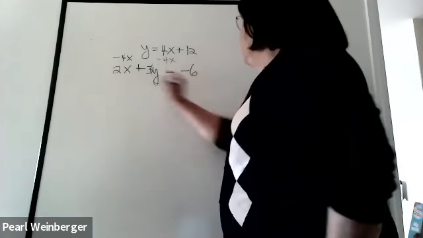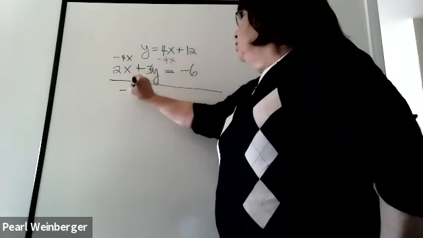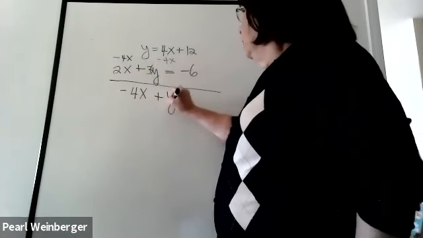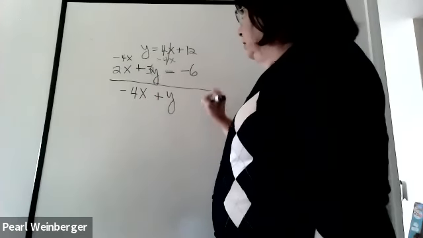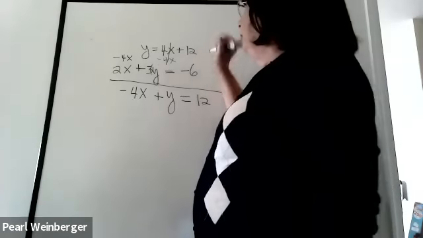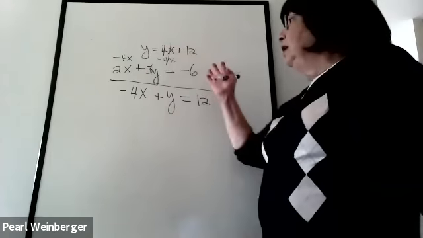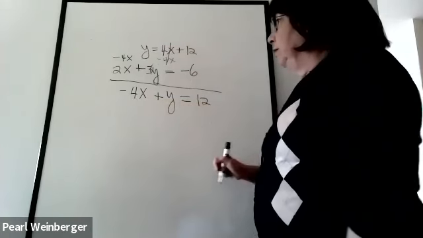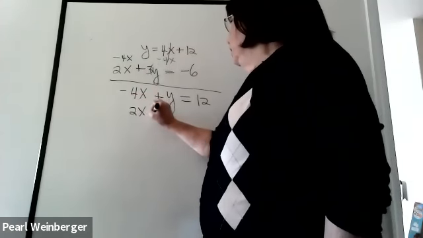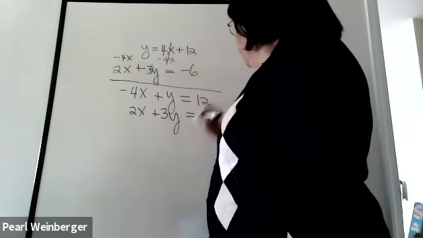So the top equation in standard form will be negative 4x plus y, this is now canceled out, equals 12. I put that original equation that was in the y equals mx plus b form into standard form. My second equation stays 2x plus 3y equals negative 6.